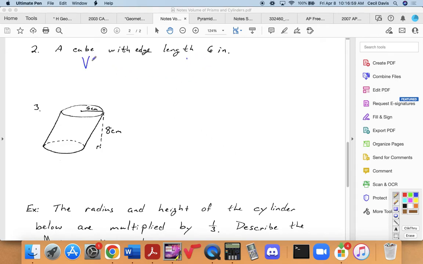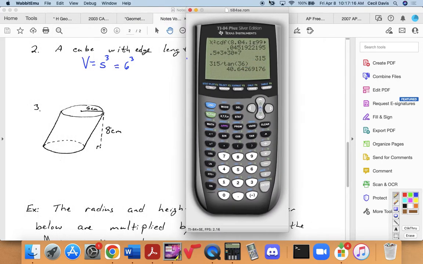If you use the formula from the front, the volume is equal to the side length, or the edges, cubed. So that's 6 to the third power. If you don't know that one already, it's 216.